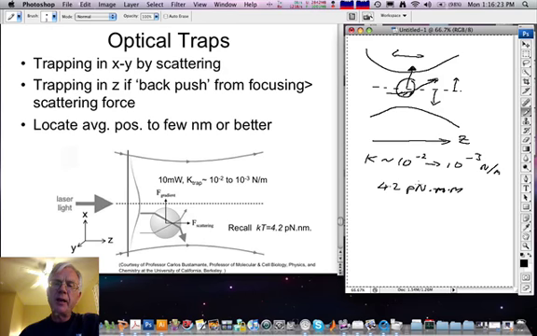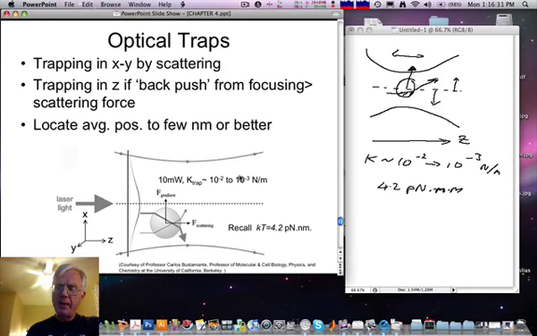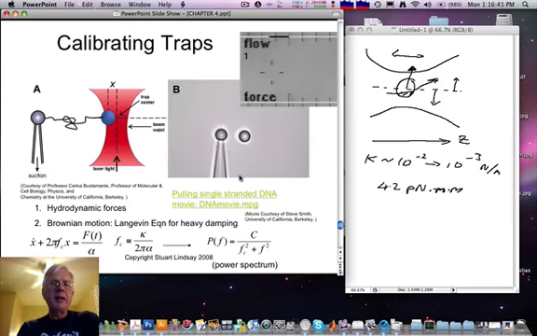And this means, therefore, that if, for example, you're exerting 4.2 piconewtons on a bead, its thermal fluctuations would be a nanometer, and that would be the limit of the spatial resolution to which one could locate the center of a bead in an image. These beads are located by fitting their image with a computer program, much as point source fluorescent molecules were located in the module on fluorescence.